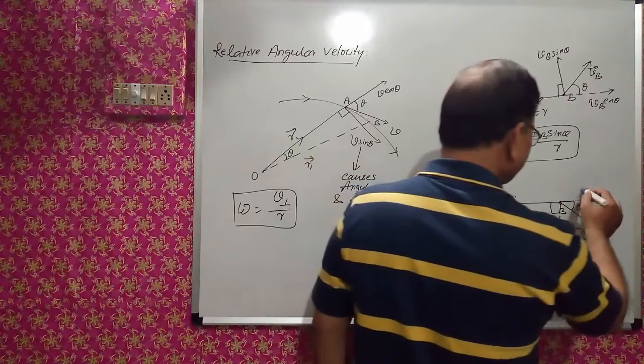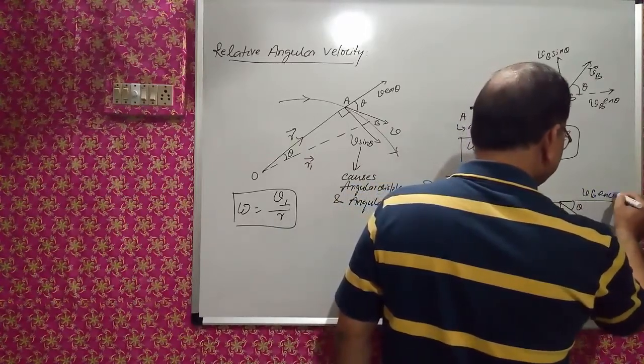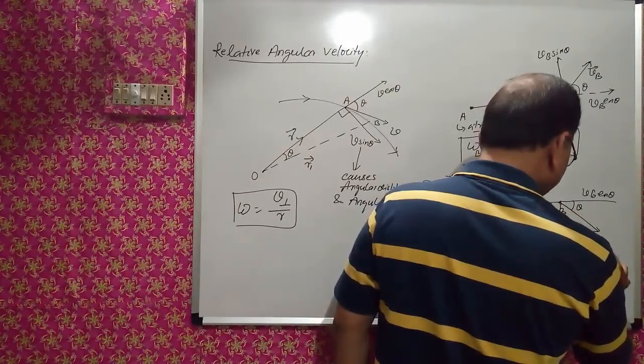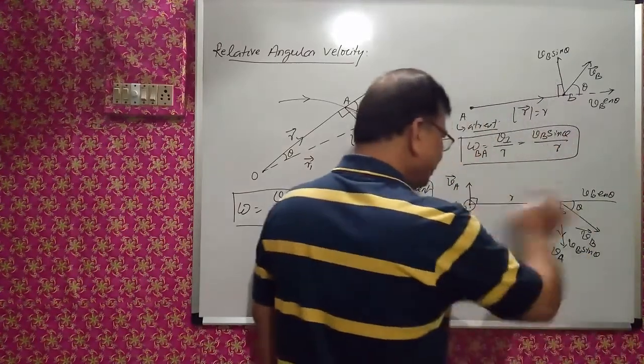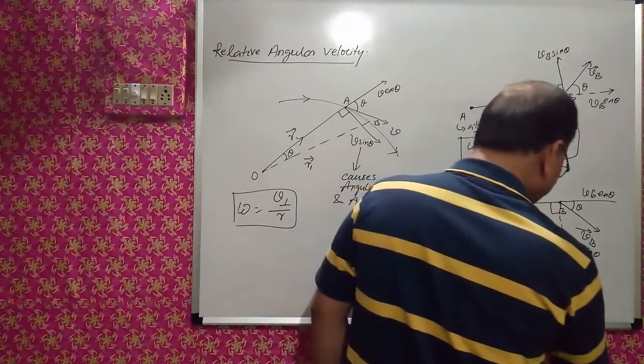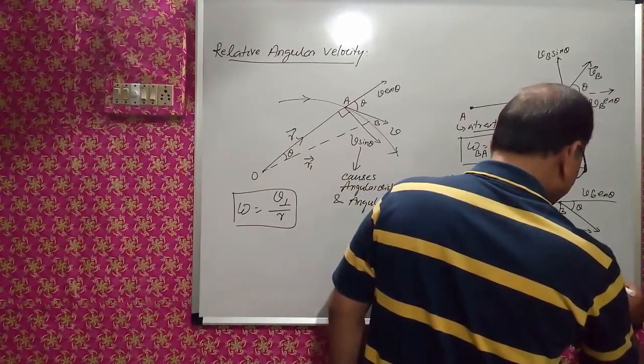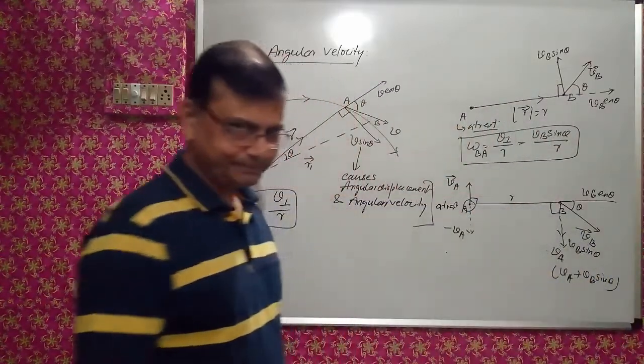So by magnitude, that is Vb cos theta, and in this direction, that is Vb sin theta. So perpendicular to R, which are the velocities? Va plus Vb sin theta by magnitude.